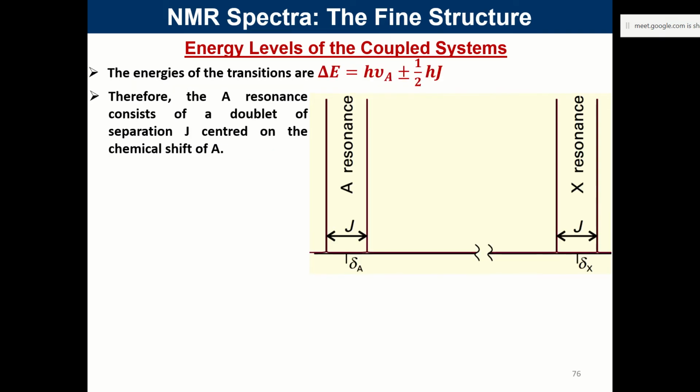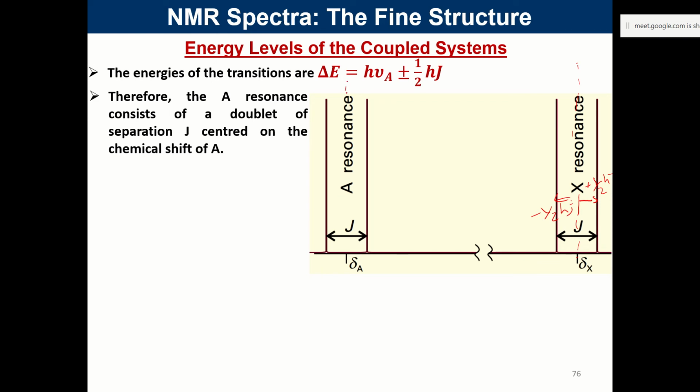And because of that, the appearance will be like this: X nucleus, two transitions, plus half hJ and minus half hJ. So starting from the original isolated condition, X was here, now you have plus half hJ and minus half hJ. Similarly this side also you have for X.